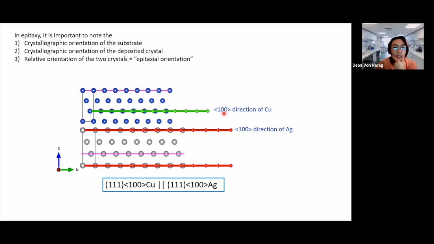So here is the 100 direction of copper parallel to the 100 direction of silver. So in our book, it is written like this. So 111 planes, 111 plane of copper, tapos 111 plane of silver, and then you have the directions 100 for copper and 100 for silver parallel to each other.